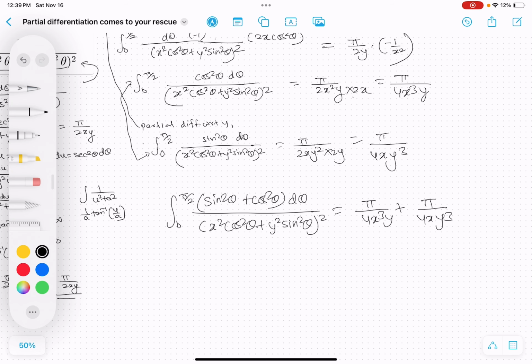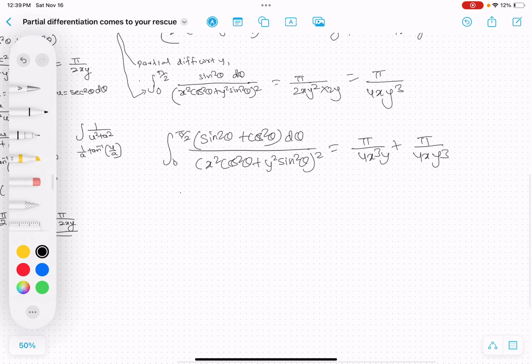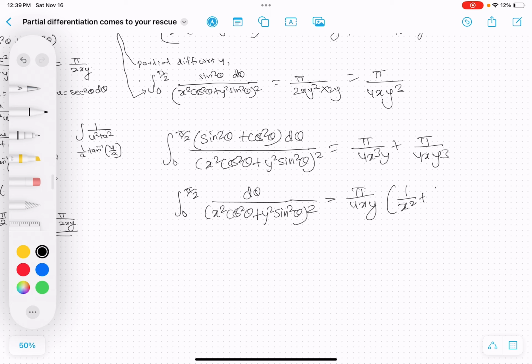Now we know that sin square theta plus cos square theta is 1, right? So this will be the integral from 0 to pi by 2 of d theta divided by (x square cos square theta plus y square sin square theta) whole square. Now if I take the common pi by 4xy, I would just get 1 by x square plus 1 by y square, which is the answer.